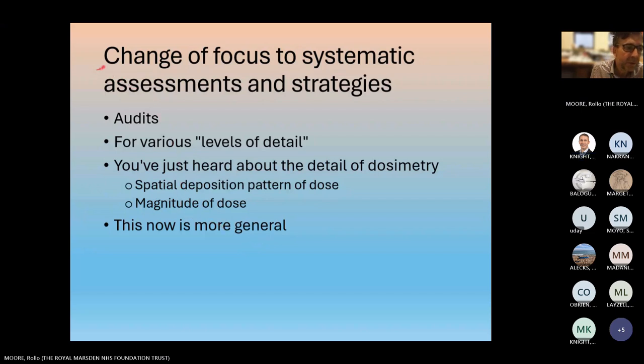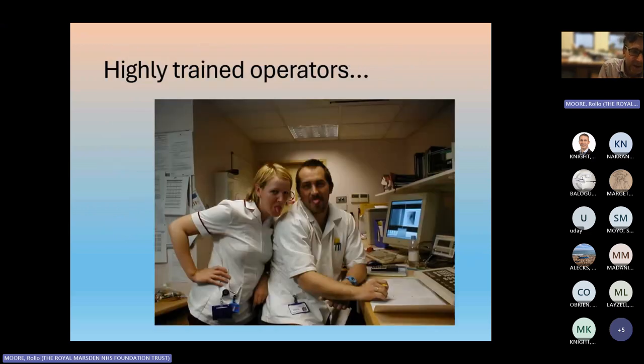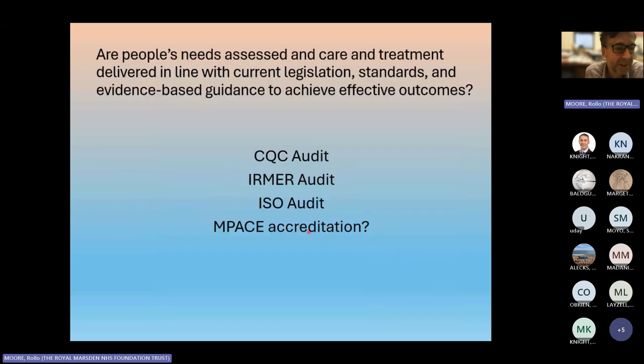Thanks, Rollo. So I'm going to change the focus here from precise and particular assessments of dosimetry. I'm going to go to a more general quality control, systematic planning, and so on, using our highly trained operators, who I love, I should say.